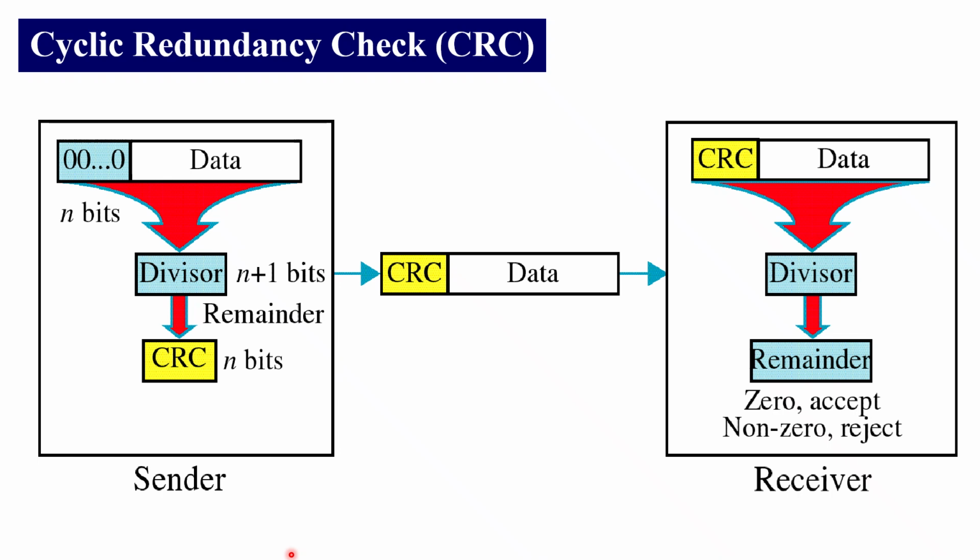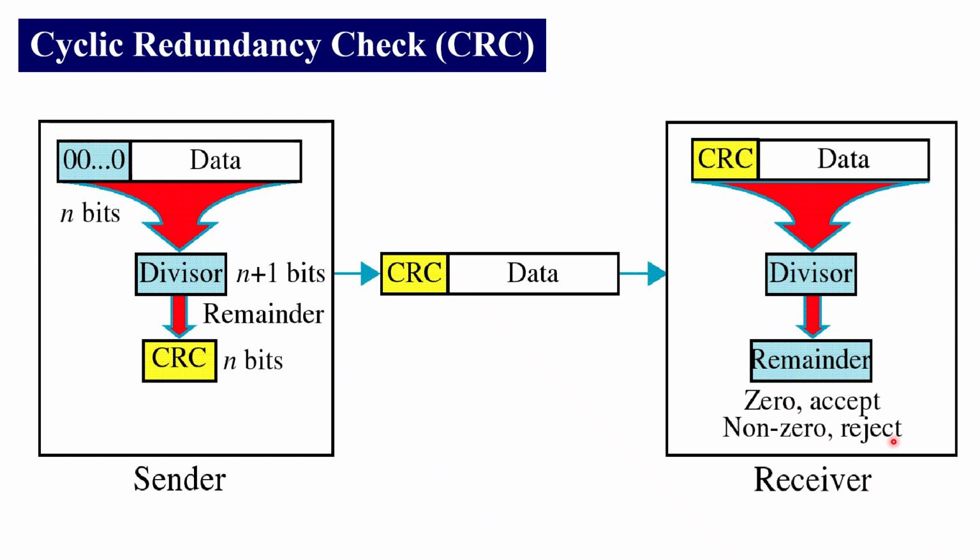A sequence of extra bits called the CRC remainder is generated and appended to the end of the data unit. This ensures that the combined data becomes exactly divisible by a predefined number called the divisor.